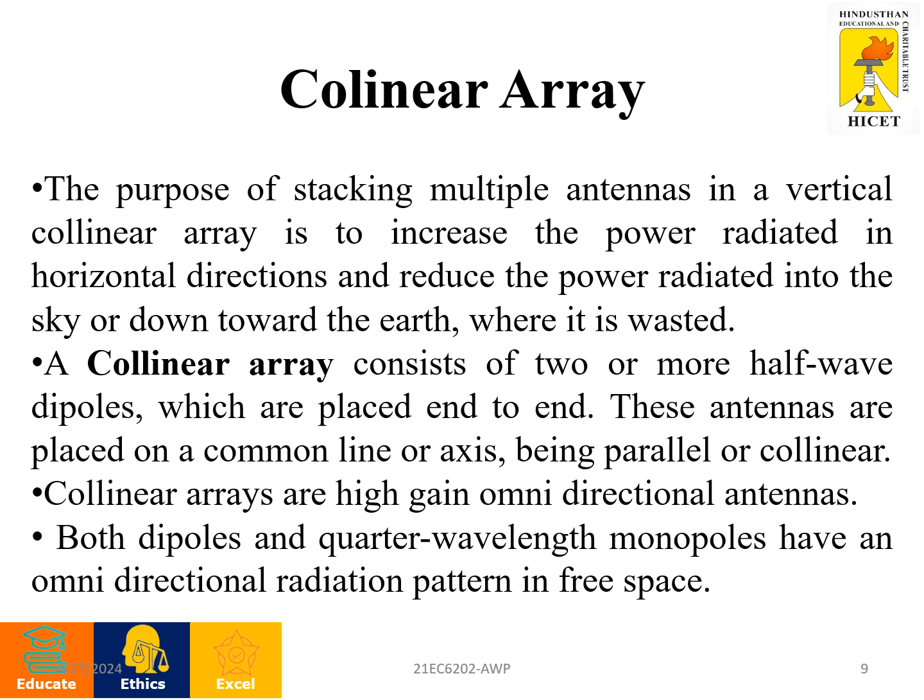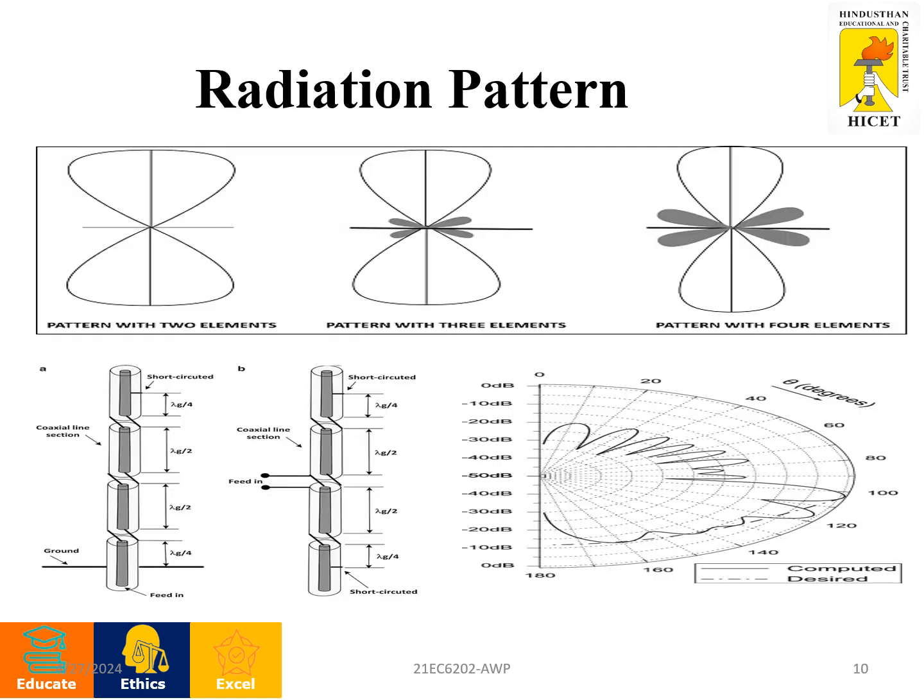Collinear arrays are high gain omnidirectional antennas. Both dipoles and quarter wavelength monopoles have an omnidirectional radiation pattern in free space. So this is the radiation pattern of the collinear array: the first one with two elements, then three elements, and the next one with four elements. Here the antenna elements are stacked one upon the next.